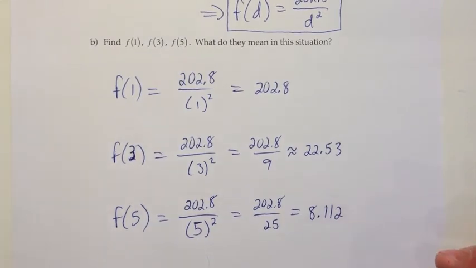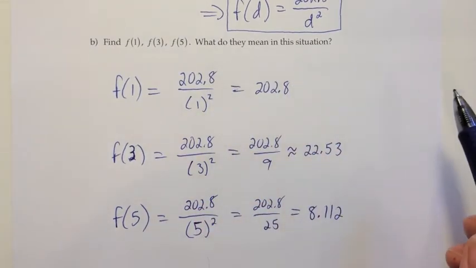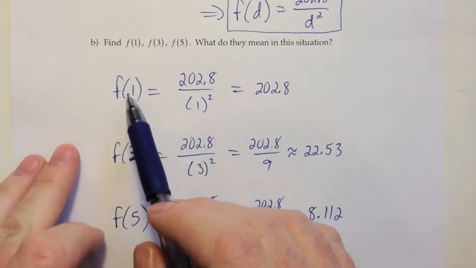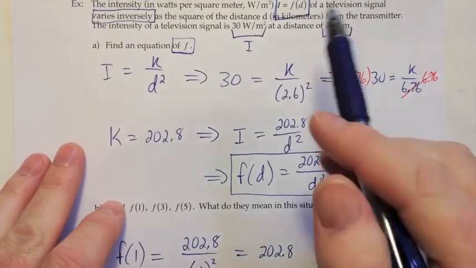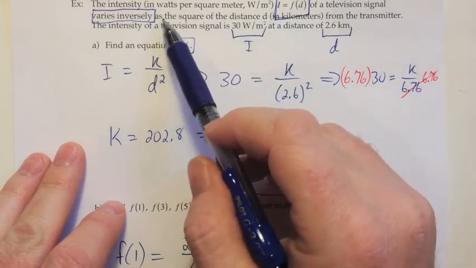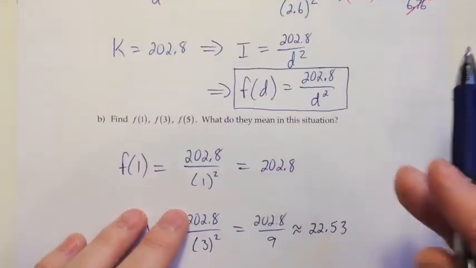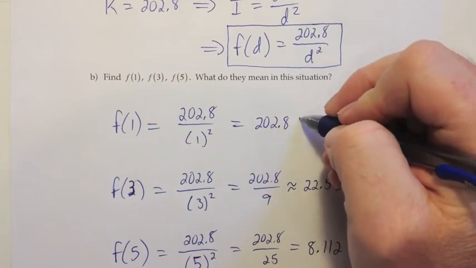So there's evaluating all the functions, but I didn't do anything at all with the question of what do those mean. And I think the first step in figuring out what they mean is to think about the units. And so let's see, we were figuring out values of f. f was the intensity, and the intensity is measured in watts per square meter. So I'm going to go ahead and put those units on.